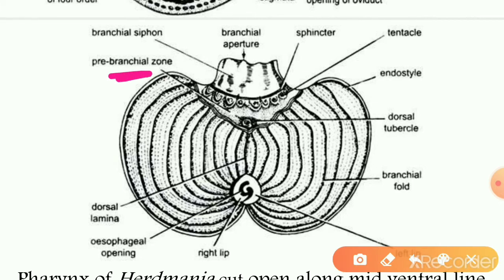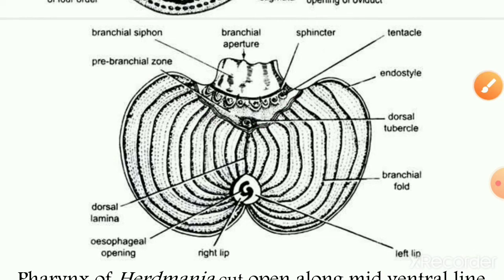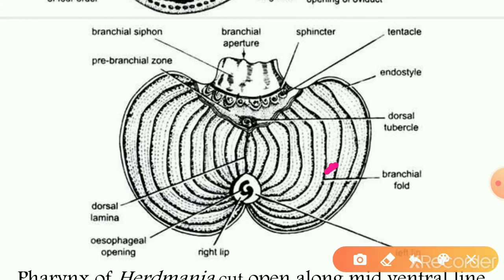It is separated from the branchial sac region by the peripharyngeal bands. These are the peripharyngeal bands. The prebranchial region and the branchial region are separated by them, and on these bands cilia are present.